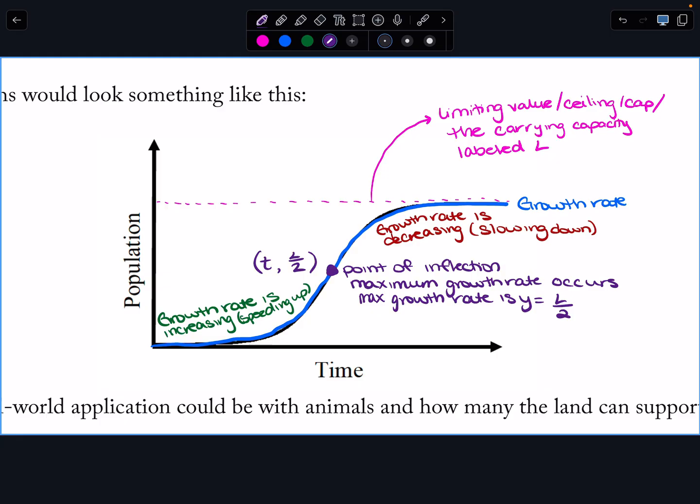That is the only reason why I teach you this section, because I need you to be able to figure out what the carrying capacity is, or I might need you to figure out what the max growth rate is, which means that you need the carrying capacity in order to find it. But there is one question on the AP test that asks this. That's it.